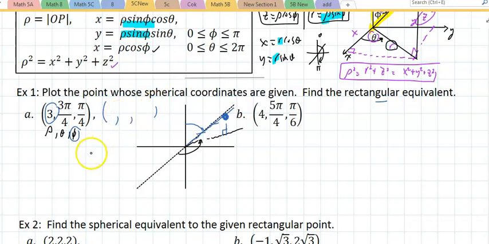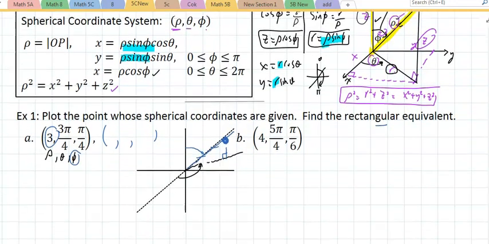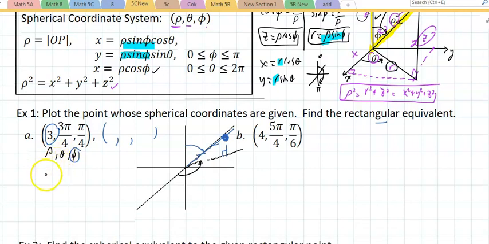This is rho, and if I want to go to my equivalent rectangular coordinates, x, y, and z, well, let's see how this works. Those are a bit lengthy, I start with z. Z equals rho the cosine of phi. That is 3 the cosine of pi over 4.